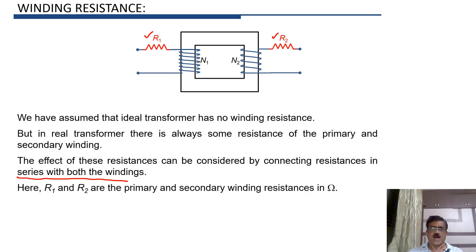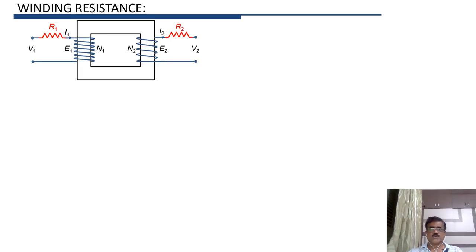Here R1 is the resistance of primary winding in ohm and R2 is the resistance of secondary winding in ohm.